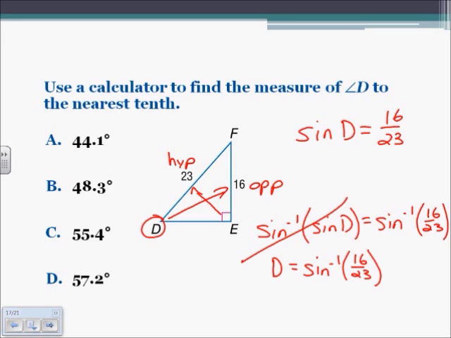And if you type that right in your calculator, you will get the value of angle D right out. So you're probably going to press the second button on your calculator, second sine inverse of 16 over 23. You'll end up with a degree measure of approximately 44.079. It wants it to the nearest tenth, so 44.1. So that is using inverse trig.